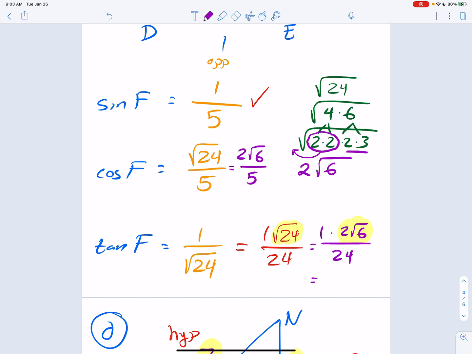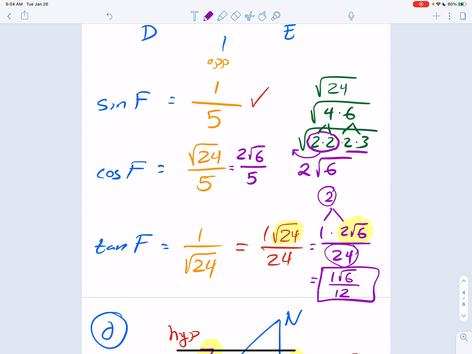Don't let it cloud the entire lesson. Finding sine, cosine, and tangent is easy, but how do you take care of the little algebraic work? You notice that 1 times 2 here is 2, but 2 can reduce with the 24. So if you divide the top and the bottom by 2, this becomes 1 radical 6 over 12. And that is simplest radical form.